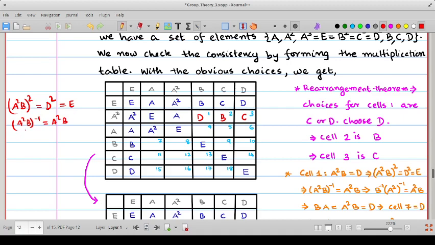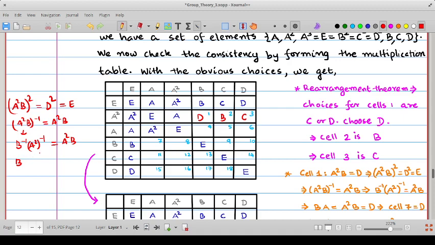But we already know that the inverse of the product is the product of the inverses taken in the reverse order. So this inverse is simply B inverse times A square inverse. On the right hand side, we have that equal to A square B. But what is B inverse? Since B square equals E, B inverse is B. So this means B times, what is A square inverse?